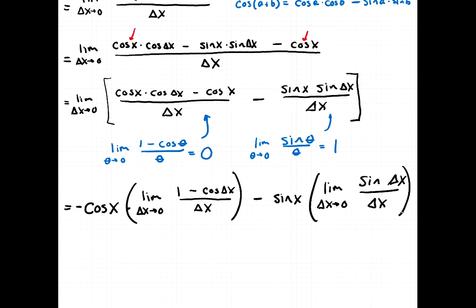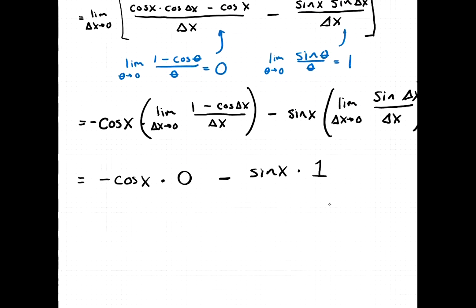Okay, so we can now evaluate each of these two limits using these formulas. So we have negative cosine of x times 0, the value of this first limit, minus the sine of x times 1, the value of the second limit. Okay, negative cosine of x times 0 is 0. Sine of x times 1 is sine of x.